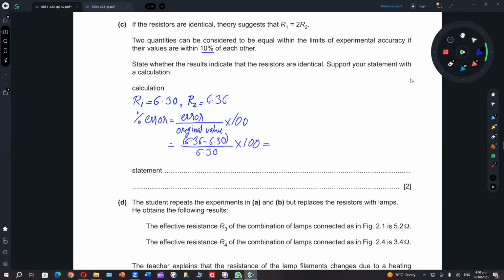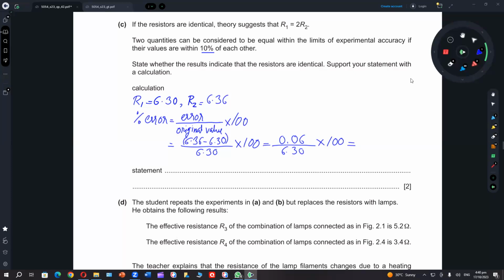Can you subtract the numerator again? Okay. It's 0.95.